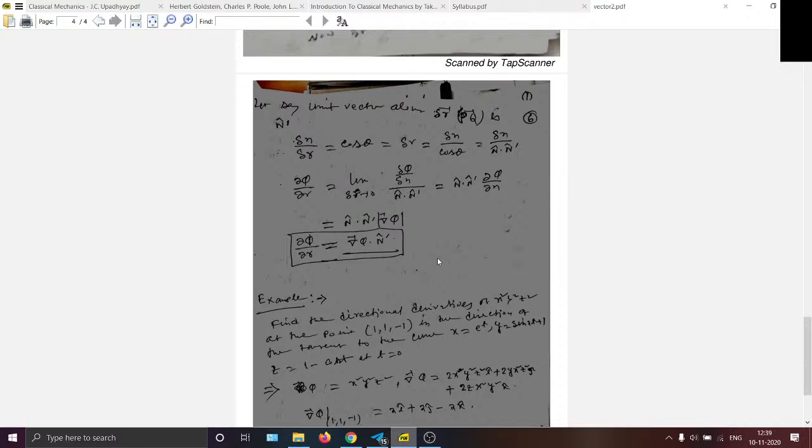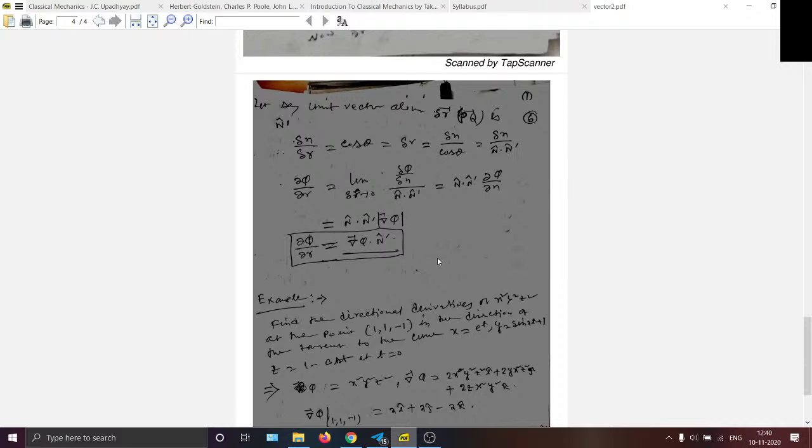And del phi del n is nothing but the modulus of your grad phi. So n cap times the modulus of grad phi is nothing but your vector grad phi, so this becomes grad phi dot n prime cap. So del phi del r is nothing but grad phi dot n prime cap.